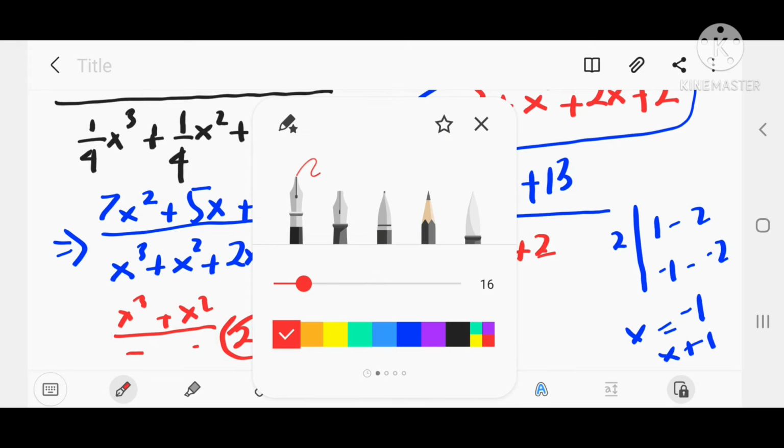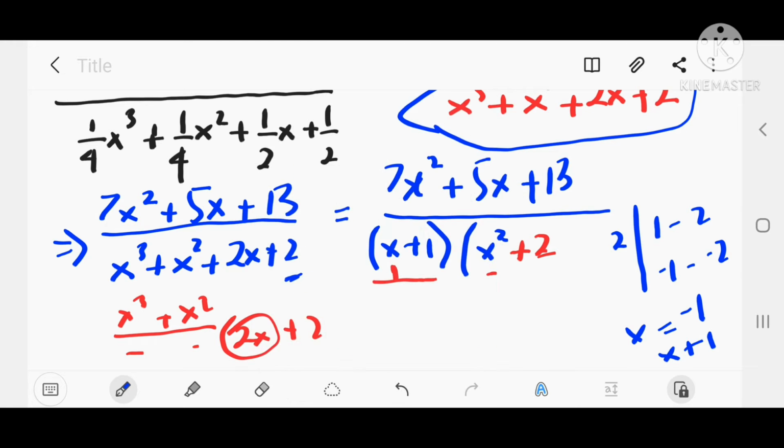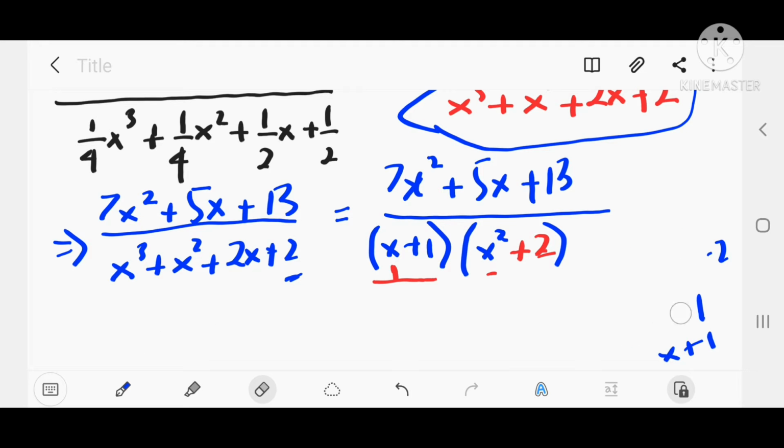Let me change back to the blue pen. So that means the factors of the denominator are x plus 1, bracket close, bracket open x squared plus 2. We realize that the second factor cannot be factorized.